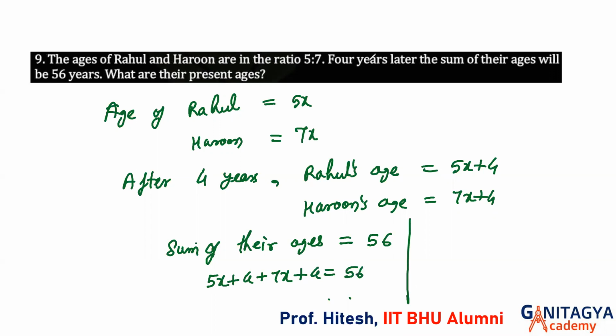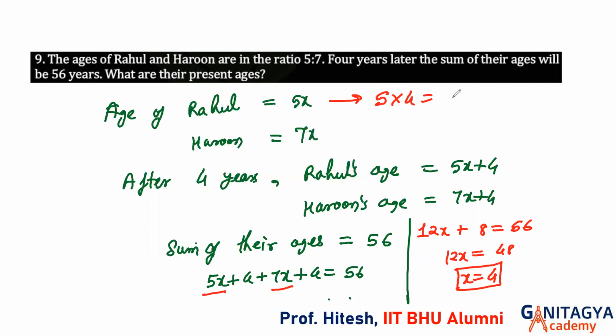Hence 5x plus 7x is 12x, plus 4 plus 4 is 8, so 12x is 48 and x will be 4. The question is, what are their present ages? So the present ages will be 5 into 4, that is 20 years, and 7 into 4, that is 28 years. Very nice. Please write it down. Let me move to the next question.